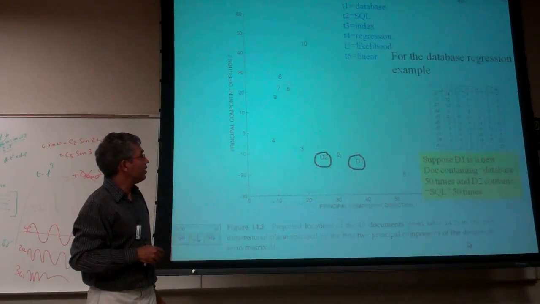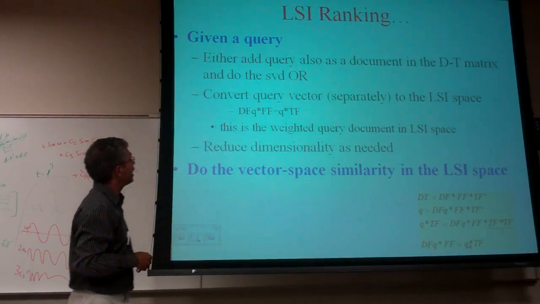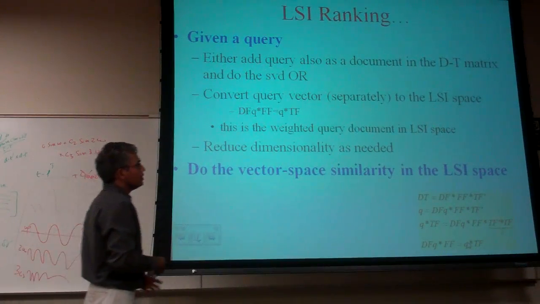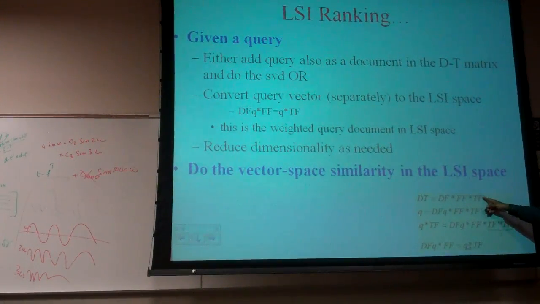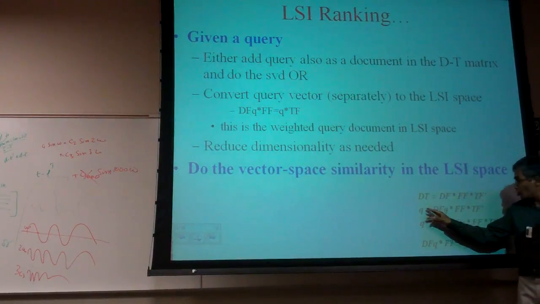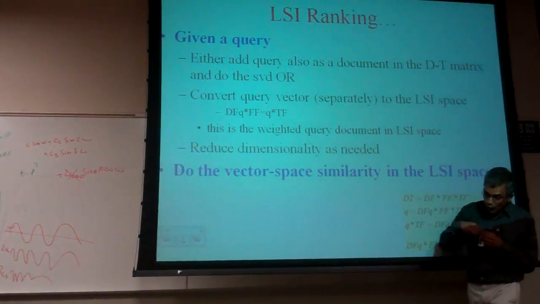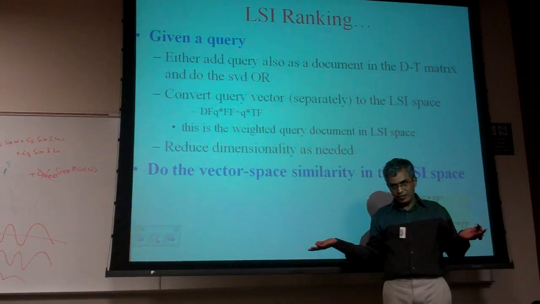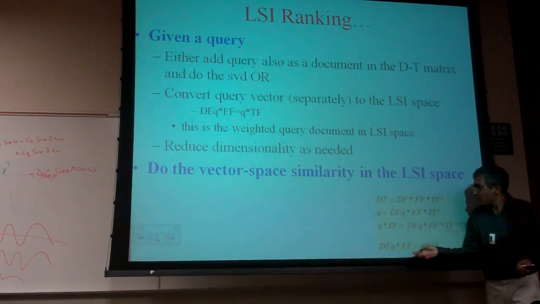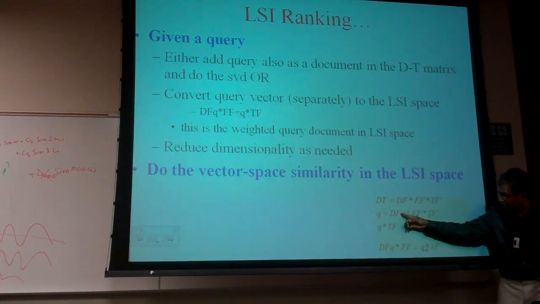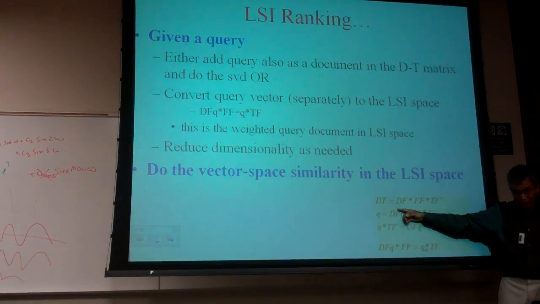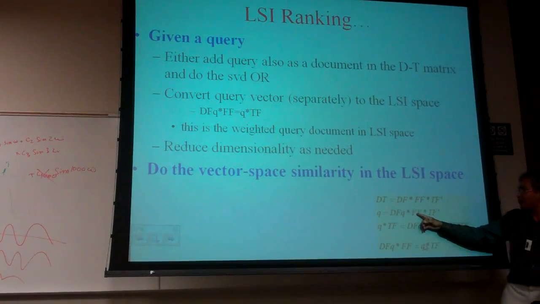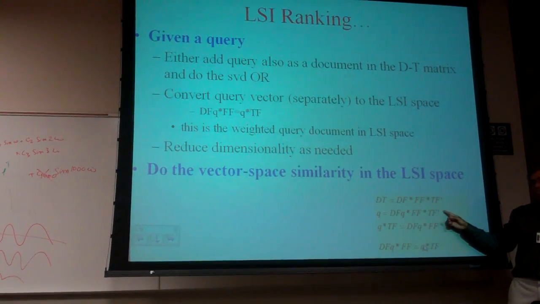And it turns out this is where our little math helps. Okay, look at this. dt is df times ff times df dash. Right? Now q. If q were to be part of this decomposition, then there would be a column in the df corresponding to q, times ff times df dash. That would be equal to q.